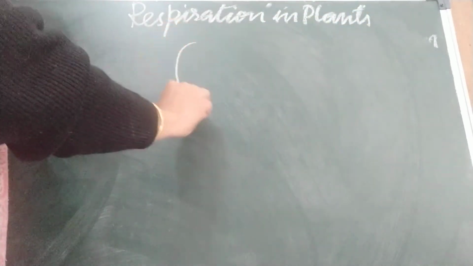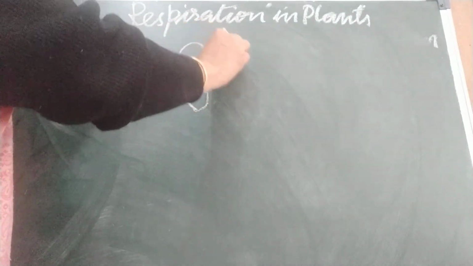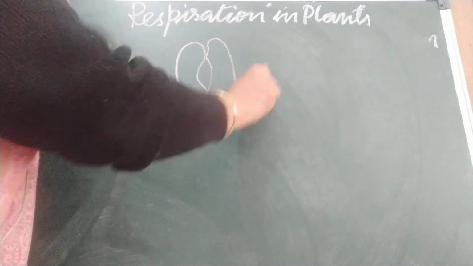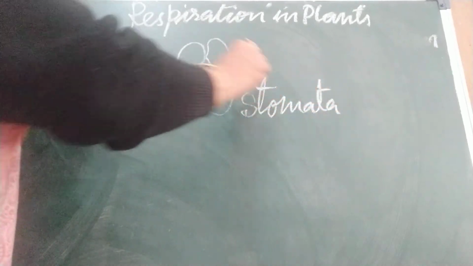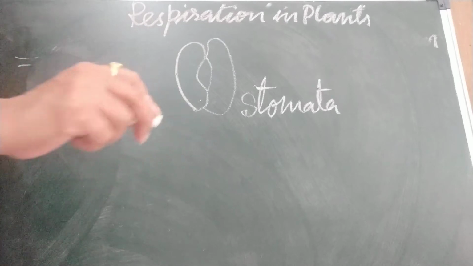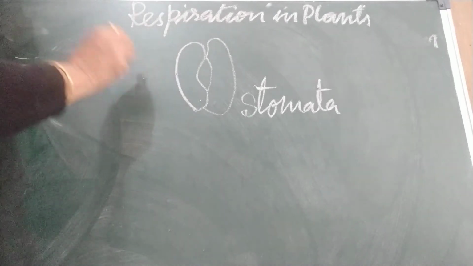Exchange of gases again will take place. They take oxygen through the stomata. Children, during the day, you know, the photosynthesis process takes place and oxygen is released in that process and that is utilized by the plant.